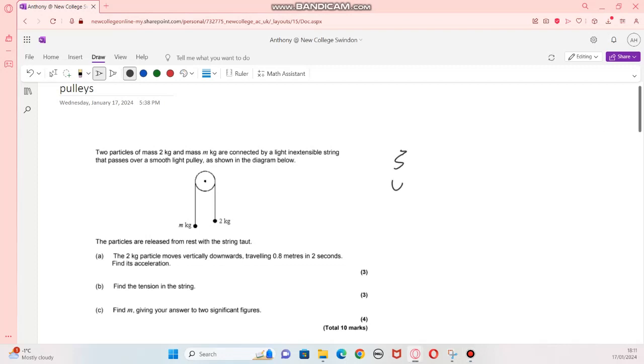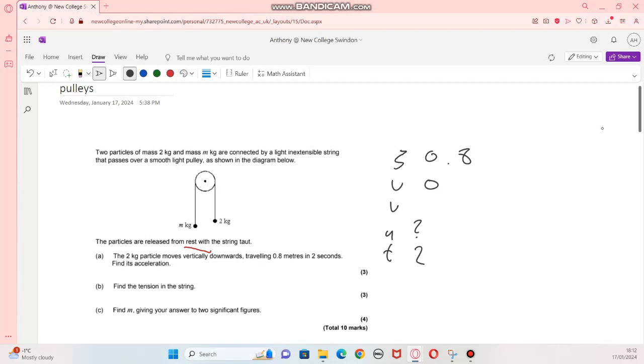SUVAT: it moves 0.8 meters, so s is 0.8. It moves in 2 seconds, so t is 2. And it's given that it's at rest, so our initial velocity u is 0, and we want to find the acceleration.